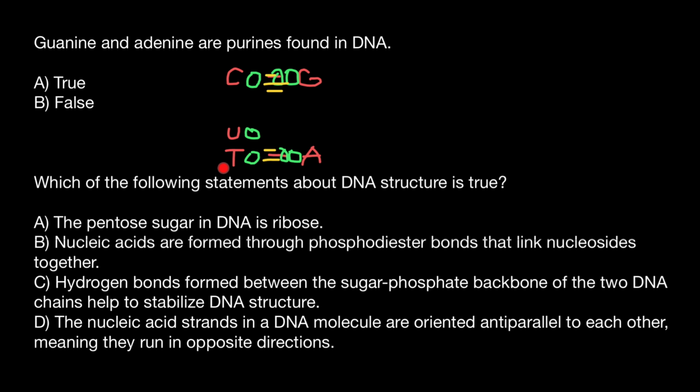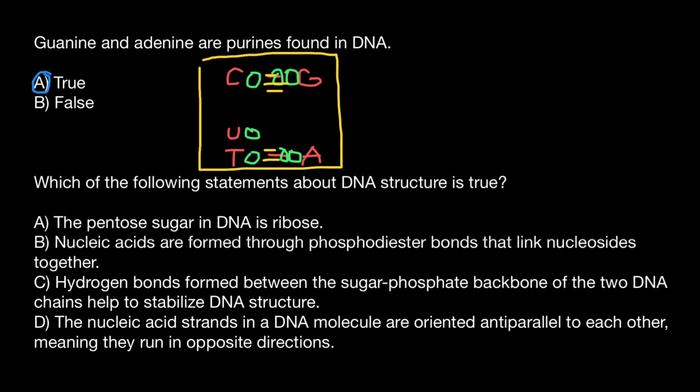So this is going to be pyrimidines and this is going to be purines. So guanine and adenine are purines. This is true. So our choice is answer A. One more time, this is not a scientific method which I explain here. This is just a mnemonic technique for your exam.